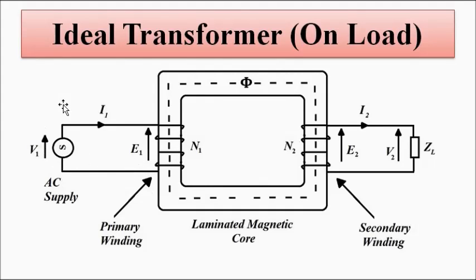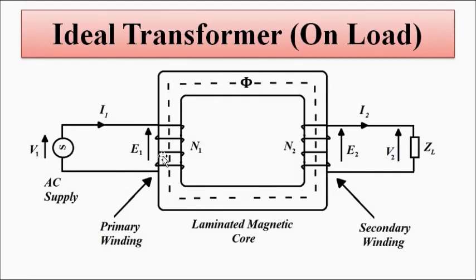So the whole operation from the start, we have already discussed in the basic introductory concepts related to transformer. That is, when a supply V1 is connected, a current I1 flows through the primary winding. This sets up a flux or a magnetomotive force. Because of this mutual flux which links the primary and the secondary winding, an induced EMF E1 is generated as per Faraday's law of electromagnetic induction.